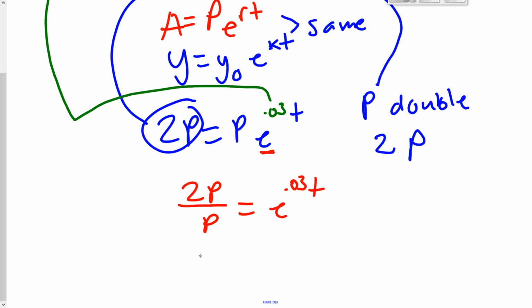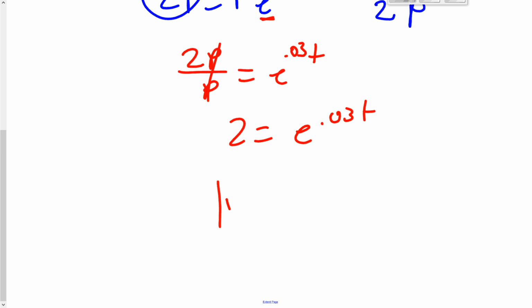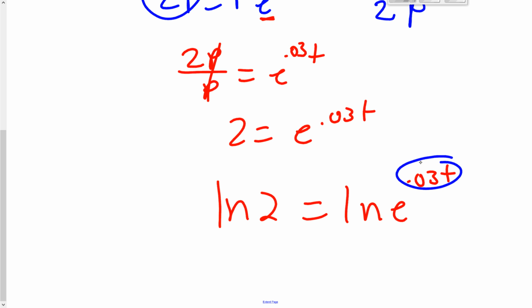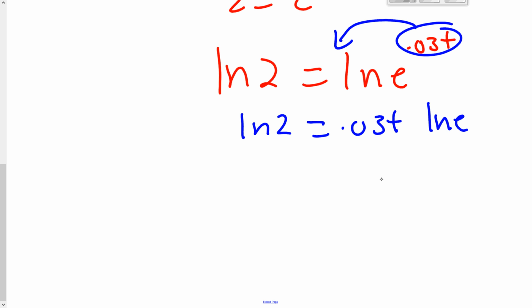Remember, P over P is 1, so we just get 2 equals e to the 0.03T. Now we can take the ln of both sides. The exponent is going to drop down in front, and ln of e is equal to 1.